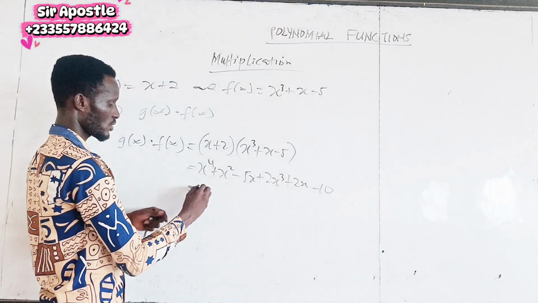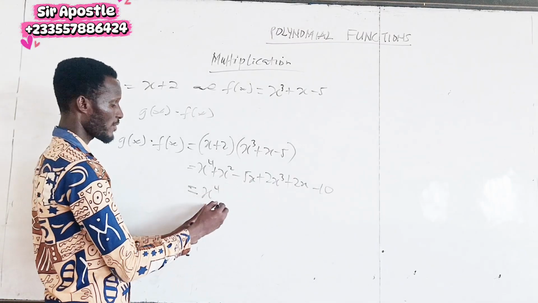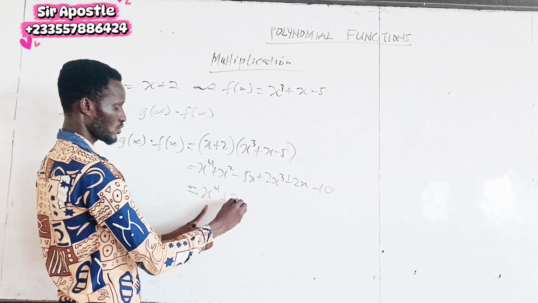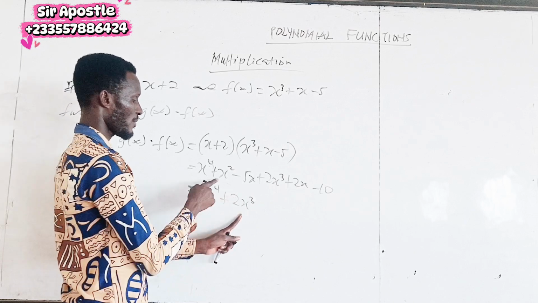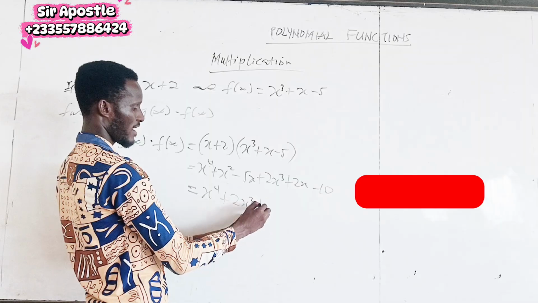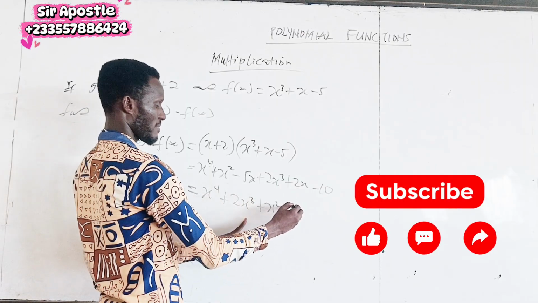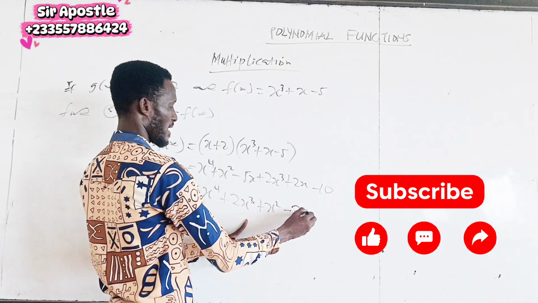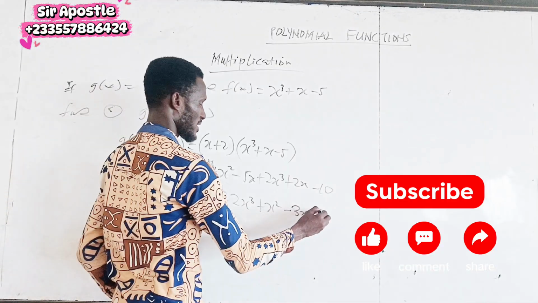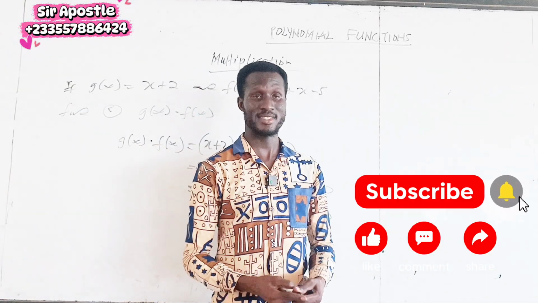We have x exponent 4 plus 2x exponent 3 plus x squared, then minus 5x plus 2x will give us minus 3x. Then we have the only constant, minus 10. Now we are done. You see, this one is very simple.